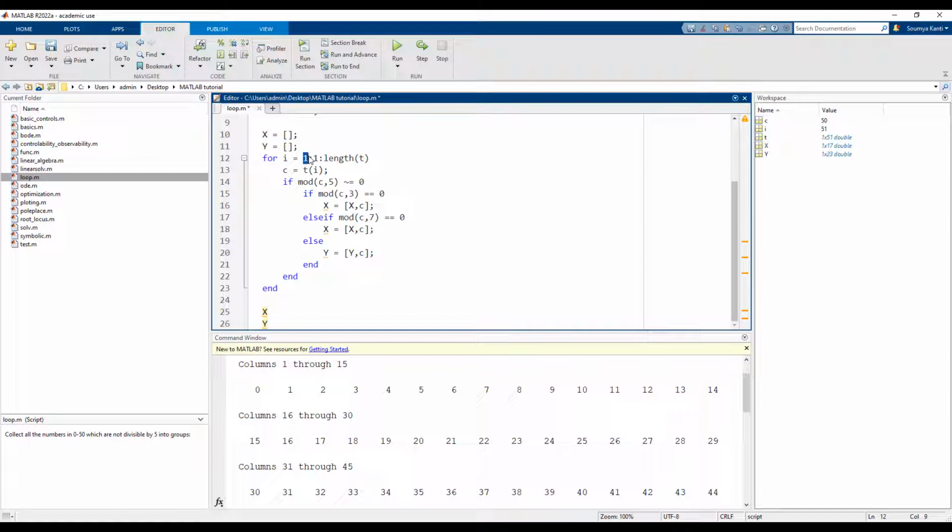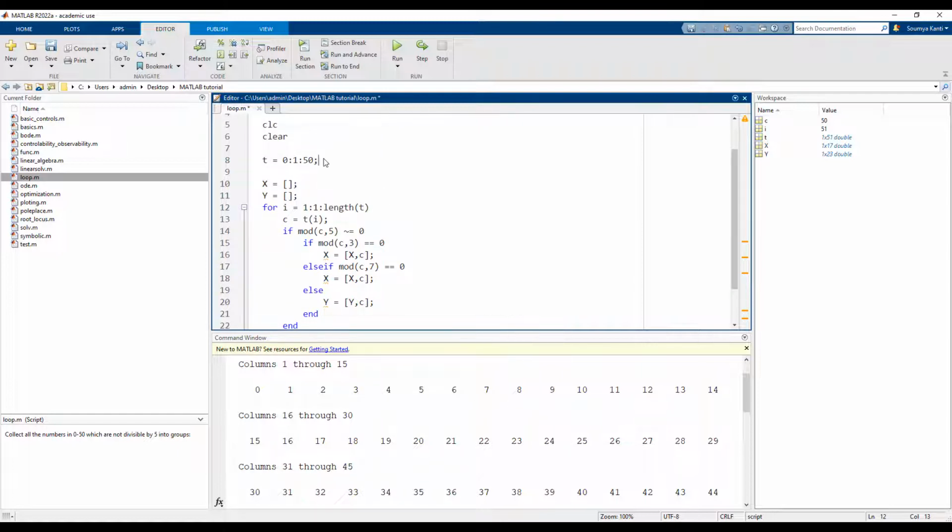It will start from 1 and go to the length of t. This is the starting value, this is the ending value, and this is the step length it will take in the loop. So it will start with 1, execute this loop, add 1, execute this loop, and it will go till i equals the length of this particular vector t, which is 51 here.